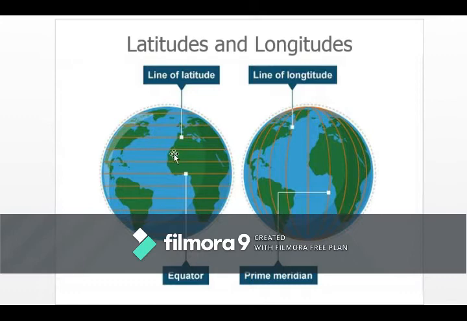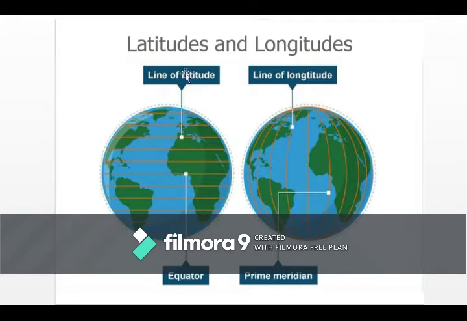Just like I explained in the previous tutorial, there is an imaginary line, an axis of the earth, around which the earth rotates. Now the latitudes and the longitudes are also imaginary lines that are present on the earth. We can't see them with the naked eye, but these lines help us in many ways.